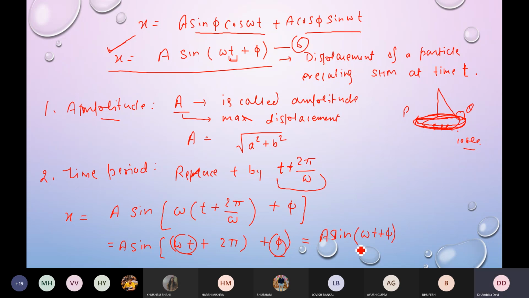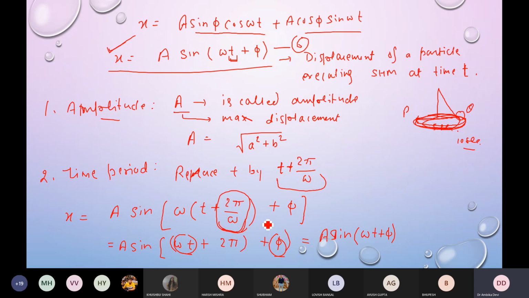What does it mean? It means that if the motion is repeated after this interval of time, then again the displacement will be same, right? So what is the period of motion? The period of motion is this one, 2 pi upon omega.